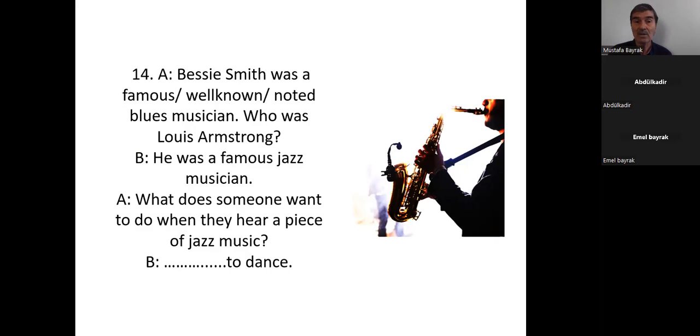What does someone want to do when they hear a piece of jazz music? They say that if someone hears a piece of jazz music, they want to dance because it is very lively, energetic. Happy music, energetic music, active.